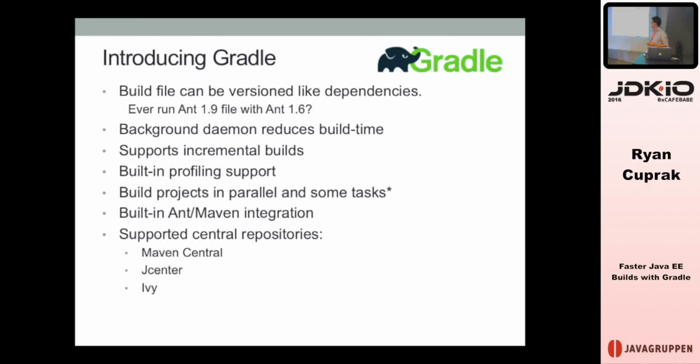It has built-in Ant and Maven support, which means that you can use Ant tasks in Gradle, and you can also pull in and use Maven tasks with Gradle. It supports several central repositories: Maven Central, JCenter, Ivy. You can use it with an internal Nexus repository, which everybody should be running, or Artifactory, one of those two internally to cache and control artifacts.